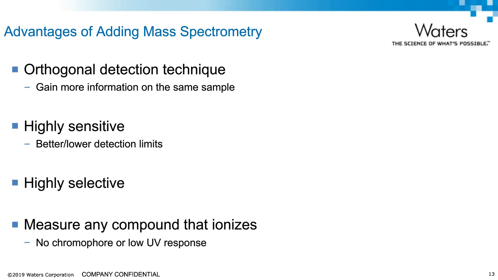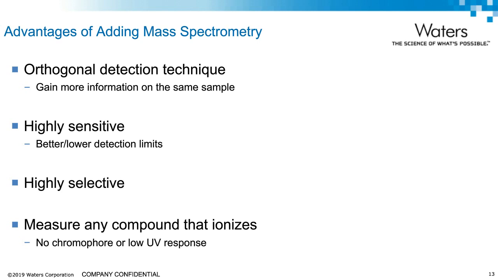This allows very low abundance species to be detected and analyzed. It is highly selective. Mass analyzers allow users to acquire or extract information on individual compounds from complex mixtures. And finally, mass spectrometry can be used to measure any compound that ionizes. This allows the detection of species with no UV chromophore or those that have low UV response.